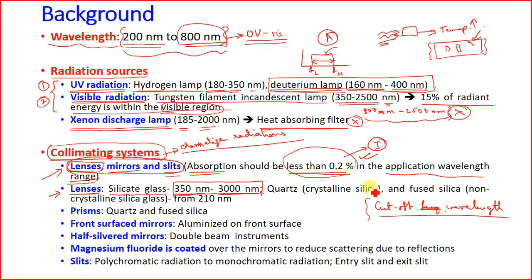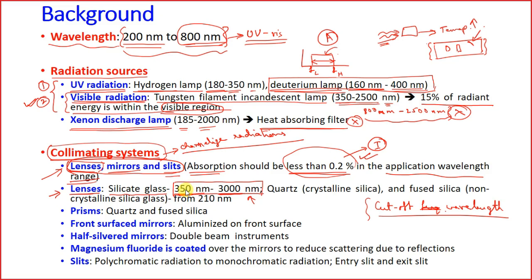As I told you, the region of the silicate glass is from 350 nanometer to 3000 nanometer. That means we can only work in the visible region if we are using the silicate glass.